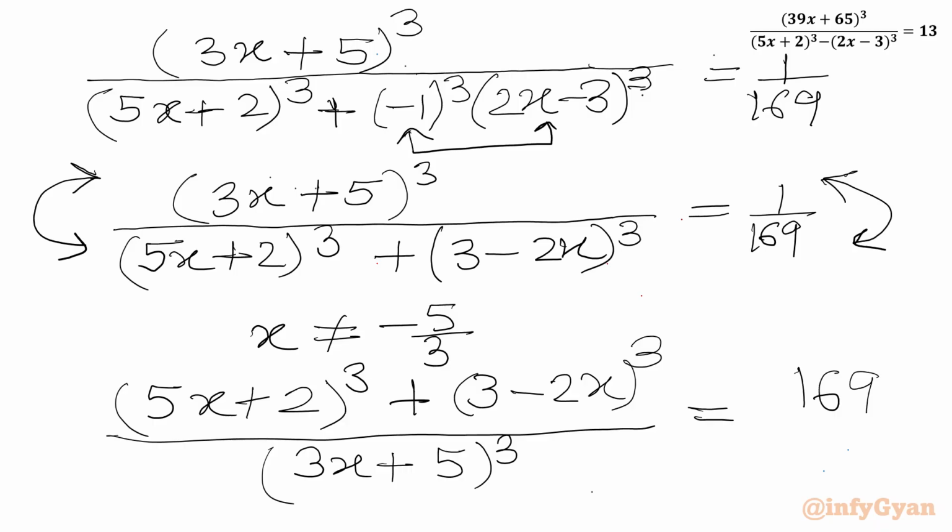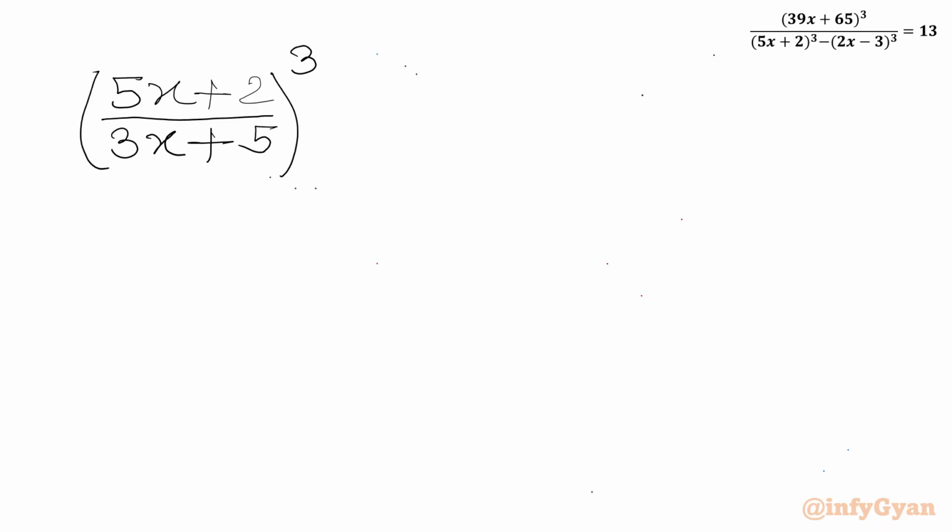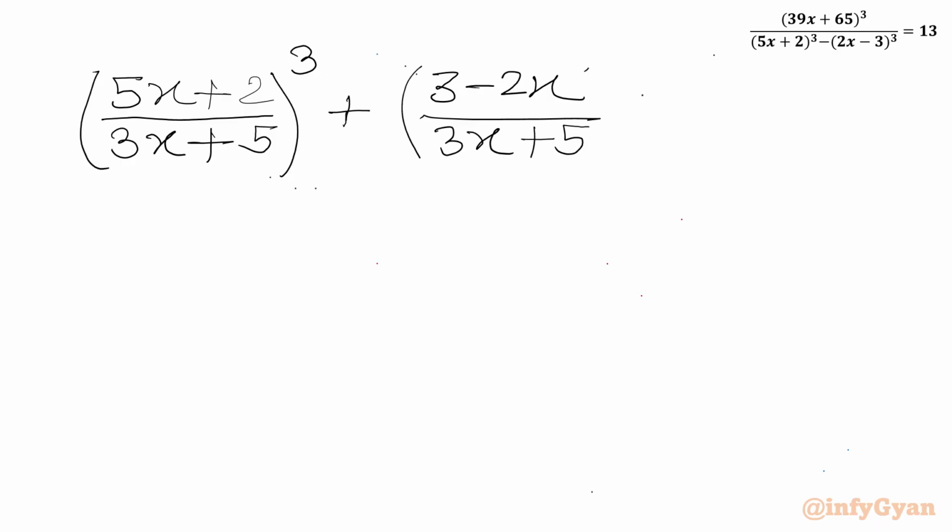So I can write (5x plus 2 over 3x plus 5) whole cube plus (3 minus 2x over 3x plus 5) whole cube. This will be equal to 169.